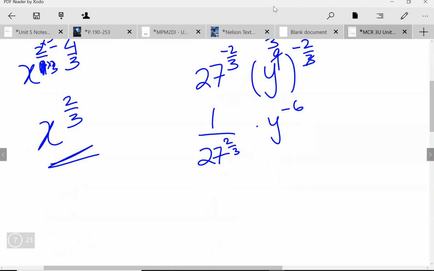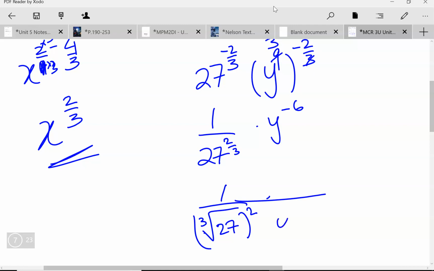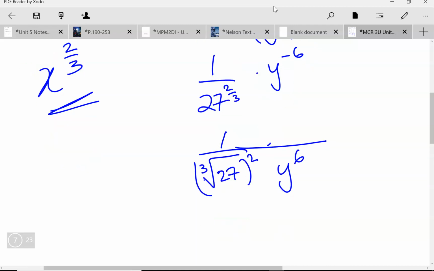And this is actually the cube root of 27 squared, and again, move the y to the denominator, make it a positive power. Here, the cube root of 27 is 3, and 3 squared is 9. That's my answer.